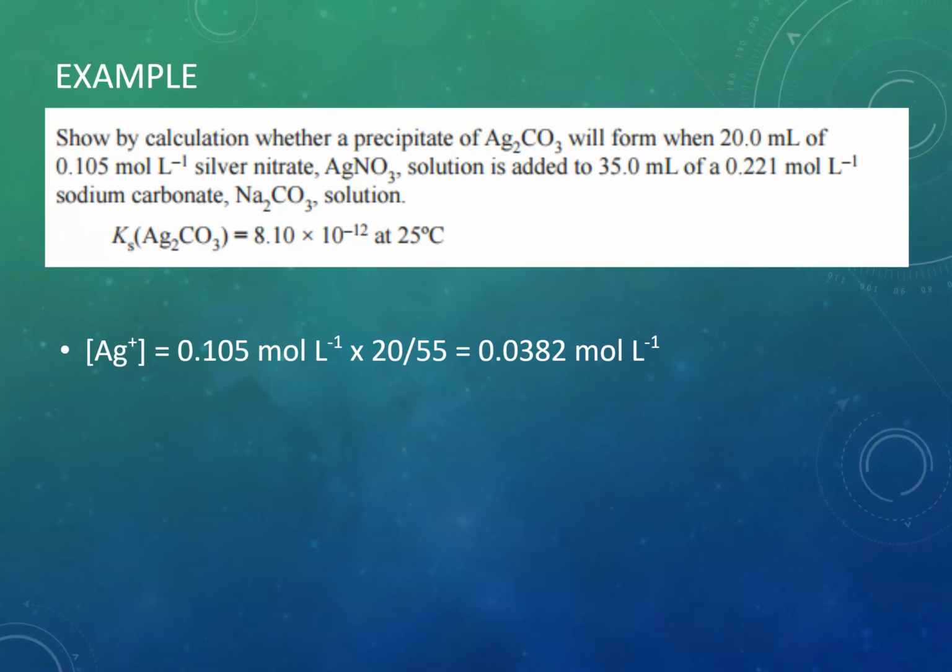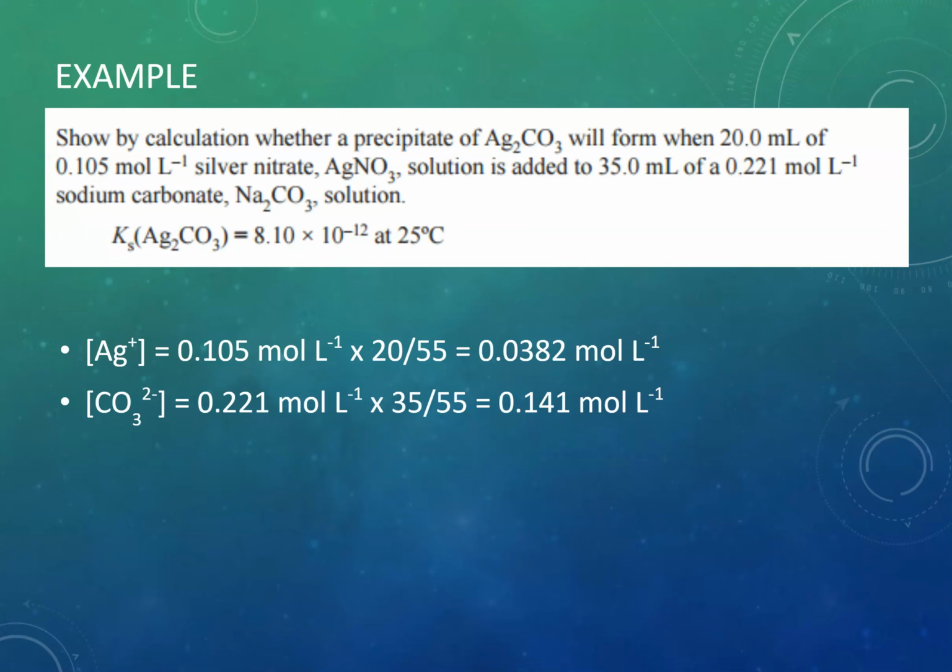That gives us a concentration of silver ions of 0.0382 mol per litre. We take our sodium carbonate to get the carbonate ions. Again, the concentration of sodium carbonate times the volume of sodium carbonate, divided by the total volume, gives me a carbonate concentration of 0.141 mol per litre.